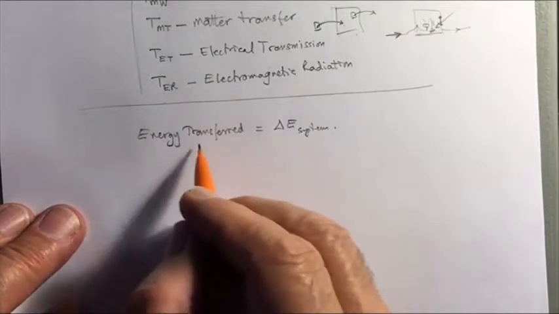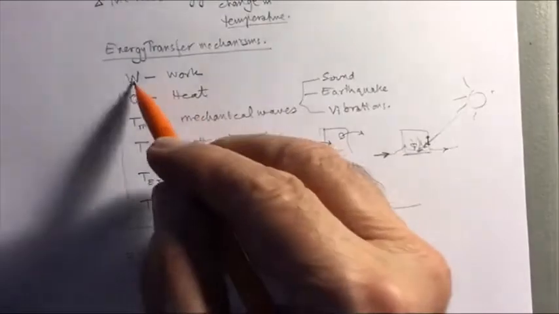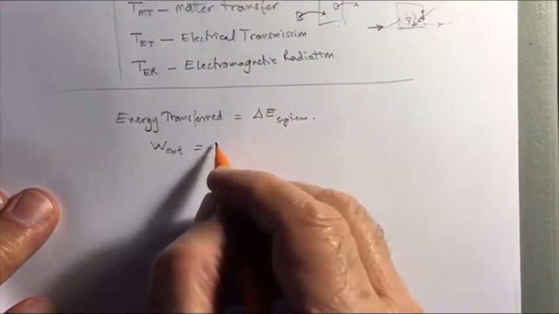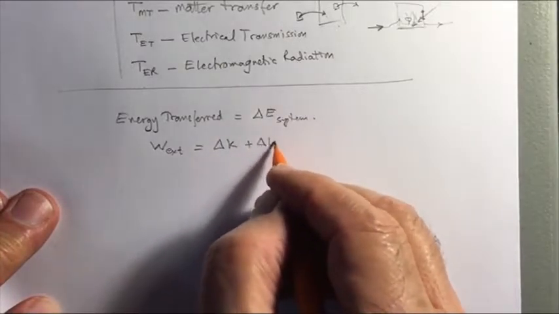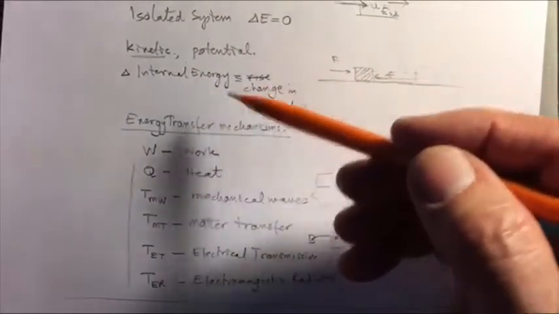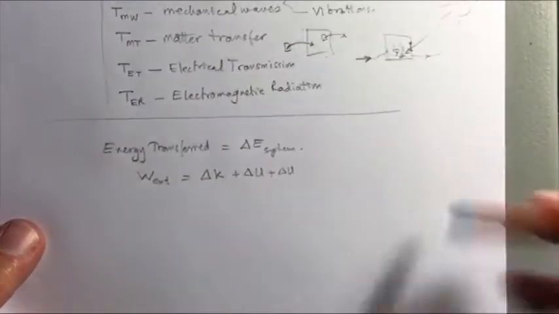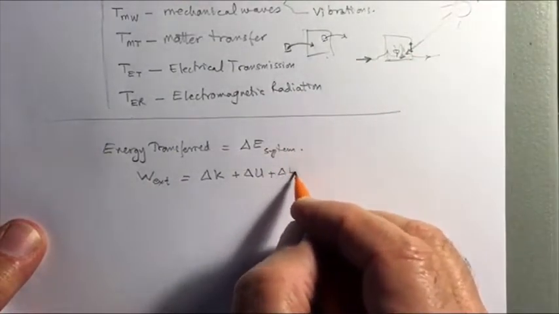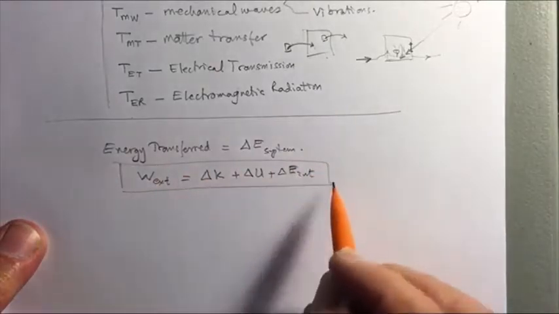Now the energy transferred could be due to the external work, which is our W, and the energy of the system increased or decreased could be a change in the kinetic energy, a change in its potential energy. We have the two kinds here, kinetic and potential energies, or it could be a change in the internal energy, E internal, not U, that's reserved for potential, and that would become our general equation.